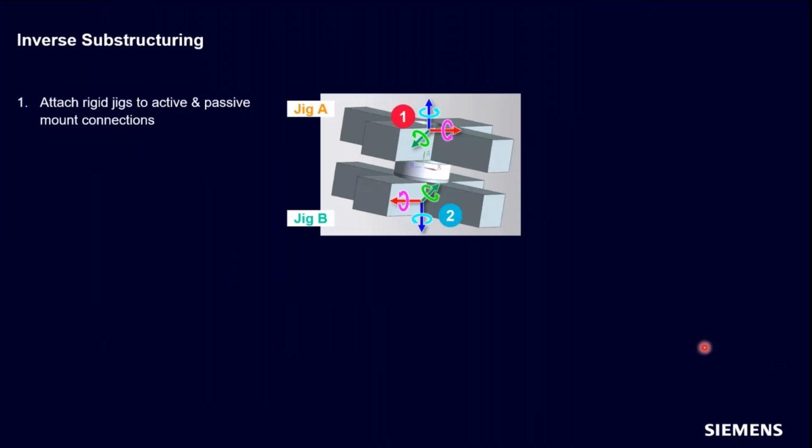The measurement procedure that we're going to follow now is we are going to start by attaching these rigid jigs, or these crosses as they are shown on the image, to the active and passive side of our mounts. So the purpose of these crosses is that they need to be as rigid as possible because we're going to apply VPT to that later on.